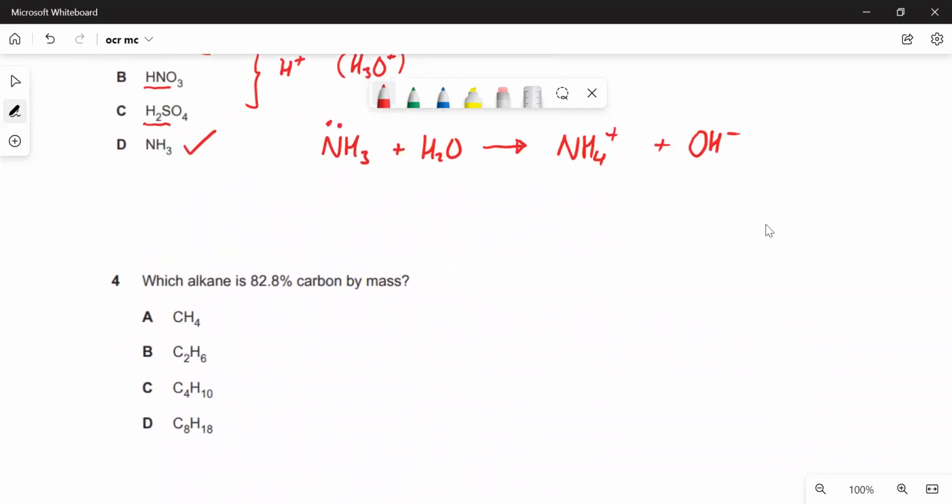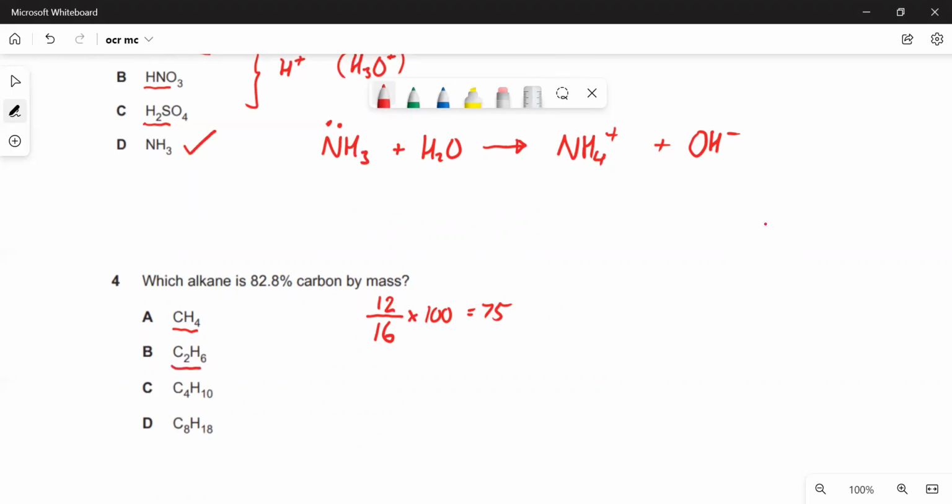Okay, which alkane is 82.8% carbon by mass? Well, let's do the first one. So the Mr of methane is 16, and there's one carbon in it, so that weighs 12. So that is going to be 12 over 16 multiplied by 100, 75%. It's not that one. Let's do ethane.